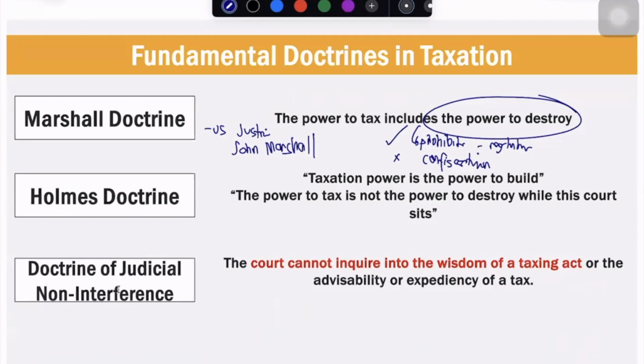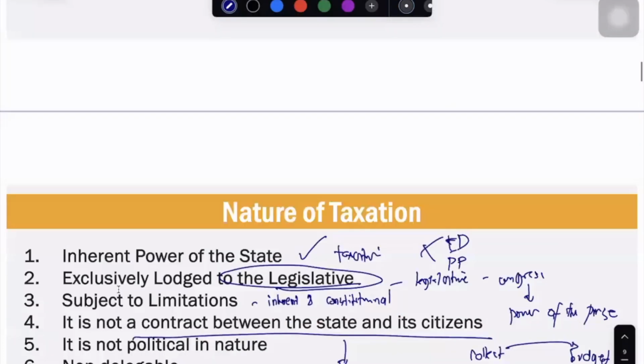Sir, why is it invalid if it is confiscation? Because again, taxation is only used as an implement of police power. It is not police power itself. Do you still remember a while back when we tried to differentiate police power and taxation? Let's go back.